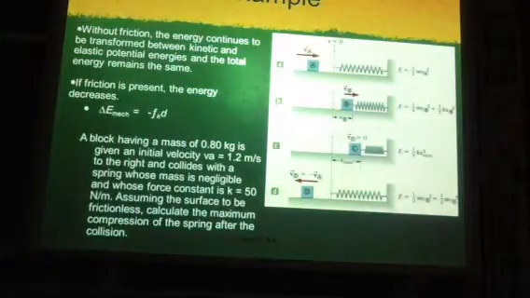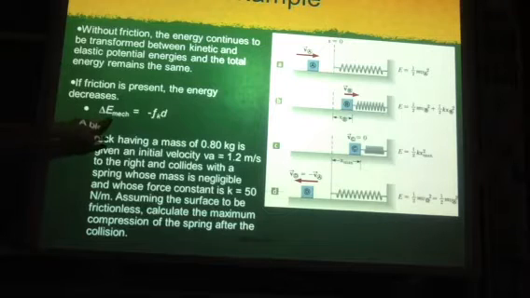But let's say that friction is present when we have an example with a block or a mass moving into a spring. If friction is present, then this total energy will end up decreasing because we're losing some of that energy because of friction.